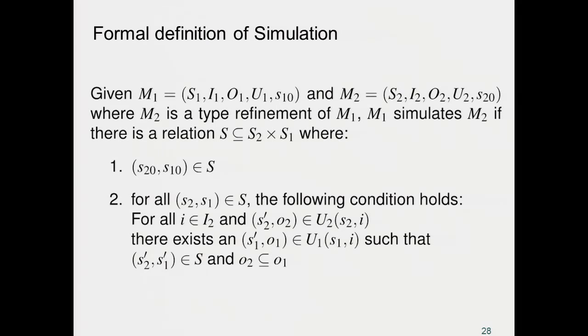All right. So we say that M2 is a type refinement of M1. We know that. It has to be, otherwise it doesn't even make sense to ask the question of whether M1 simulates M2. There must be a relation, which is, of course, a subset of S2 cross S1, where the initial states S20 and S10 belong to this set, because remember that the simulation relation is a collection of the joint movement of the machines, right?